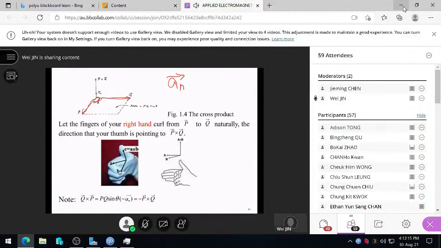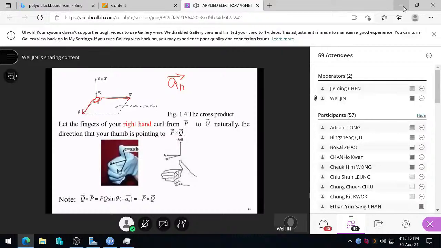So for x, you have 3 multiplied by 5 minus y multiplied by -2. So this is the x component.